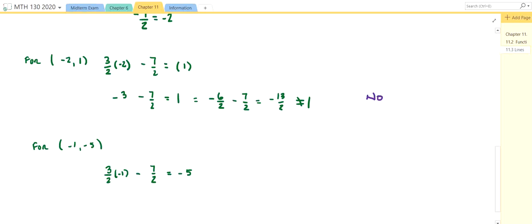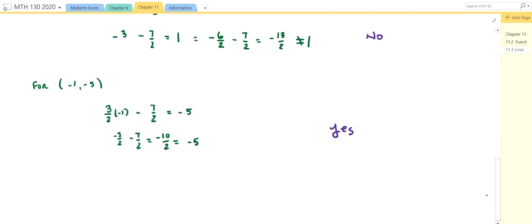Well, minus 1 times 3 halves is going to be minus 3 halves minus 7 halves. That's going to equal minus 10 halves, which does equal minus 5. So yes, this one does satisfy the equation. These points do satisfy the equation.